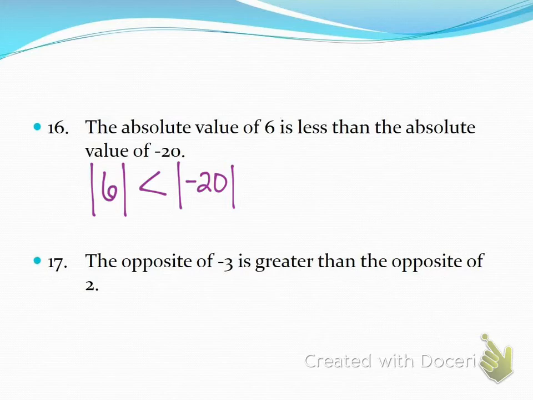All right, 17, the opposite of negative 3. Now, based on some of our previous examples, how am I going to show the opposite of negative 3? Desire, do you know how to do it? With a bar.